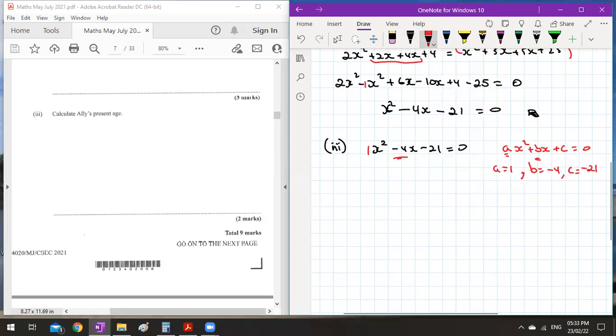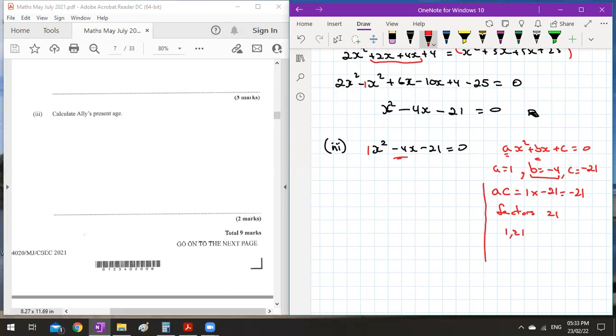So what I like to do is say AC. So A by C is 1 by negative 21, which is negative 21. And what are the factors of 21 that if we add or subtract will give us 4 or negative 4? So we have 1 and 21, which wouldn't work.